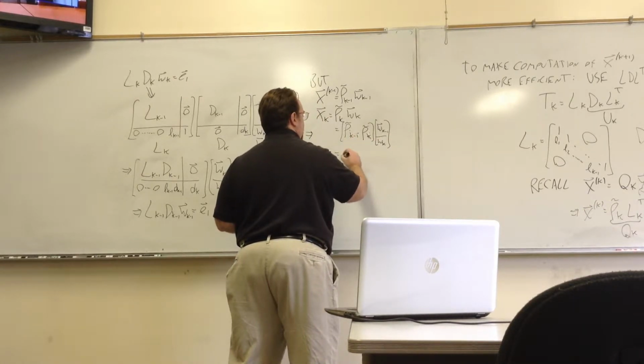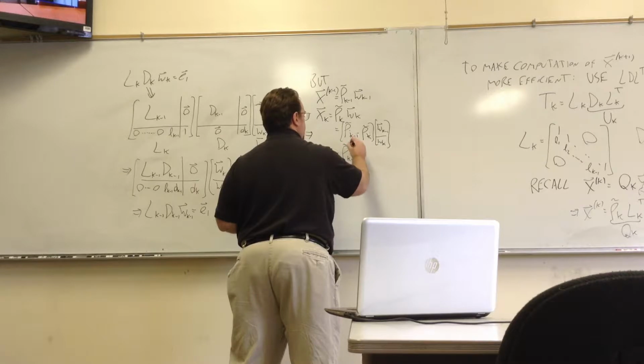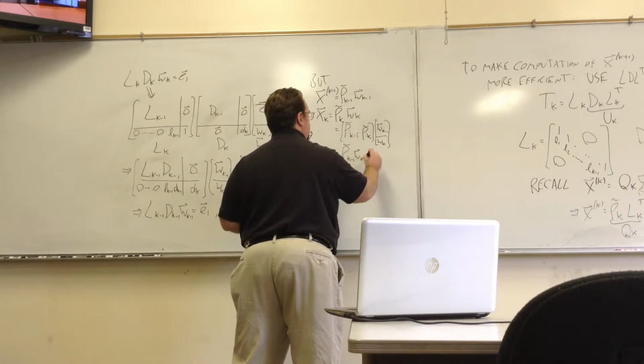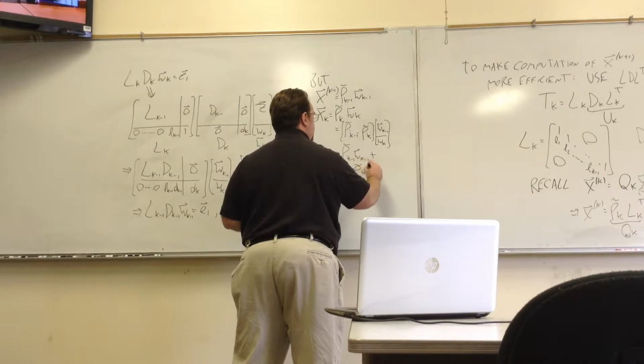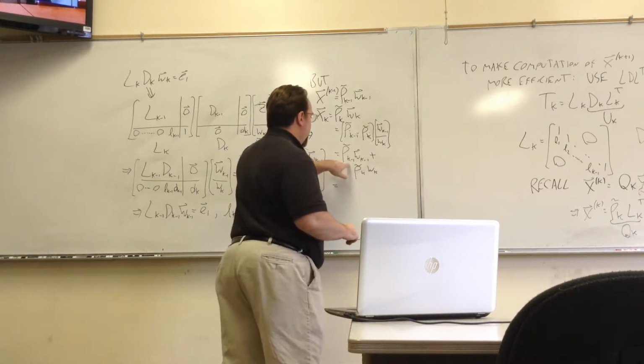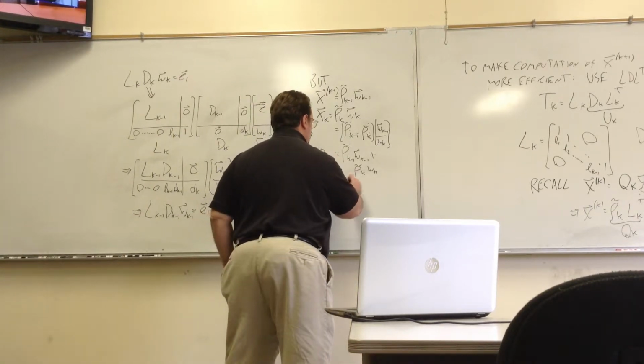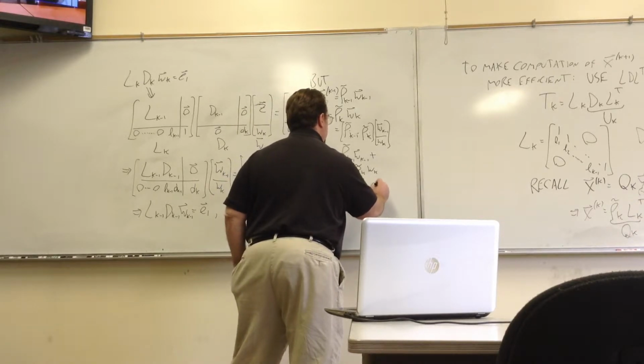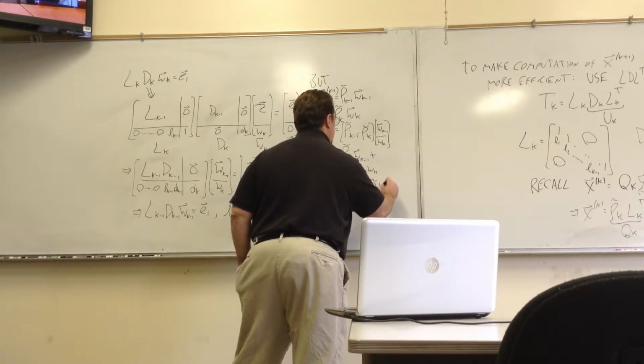Well, that would be pk minus 1 tilde, vector wk minus 1, plus vector pk tilde wk. And this term right here, the first term, is just xk minus 1 plus pk tilde wk.